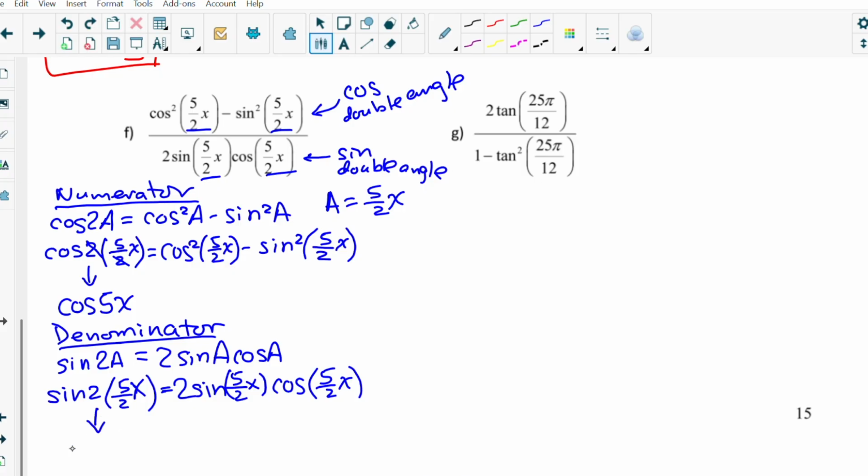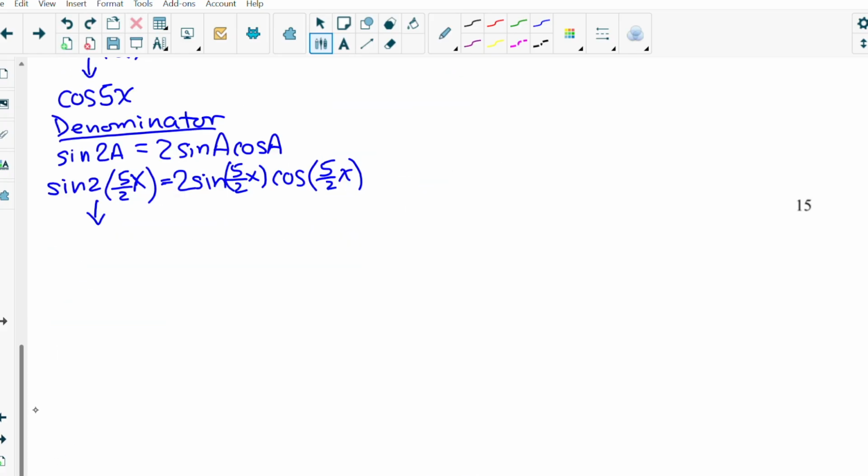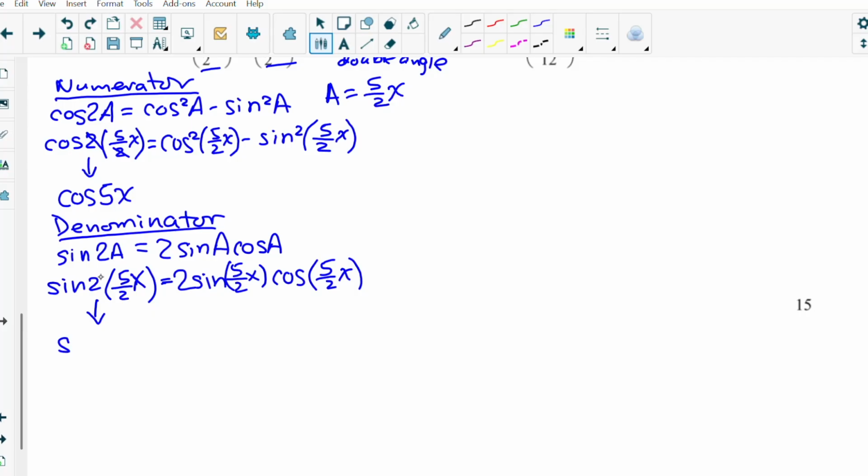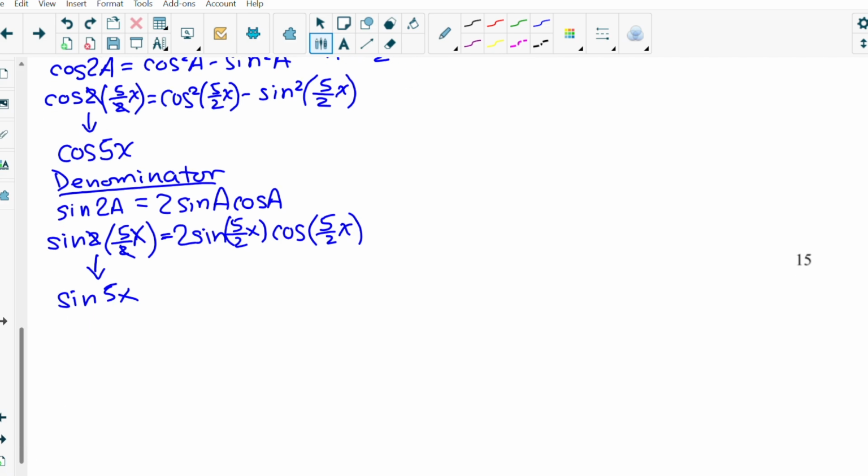I want a single trig function, so I'm going to simplify the left side. That's the sine of 5x. Okay, so what I'm left with is cosine of 5x divided by sine of 5x.